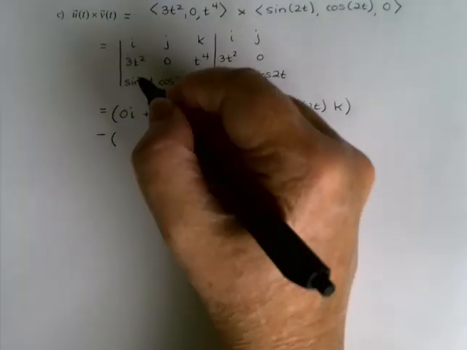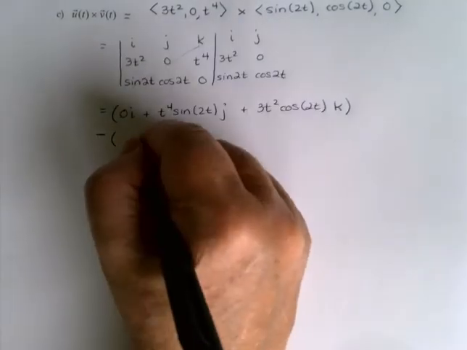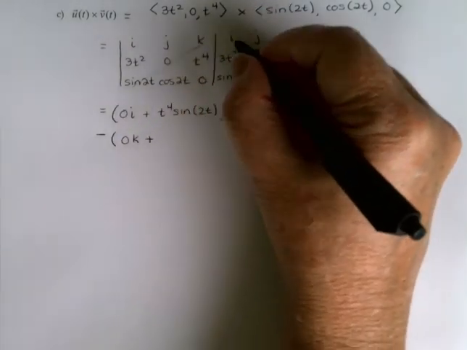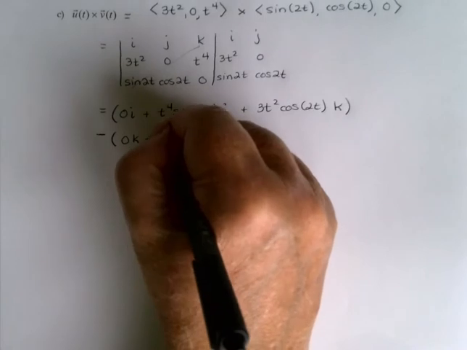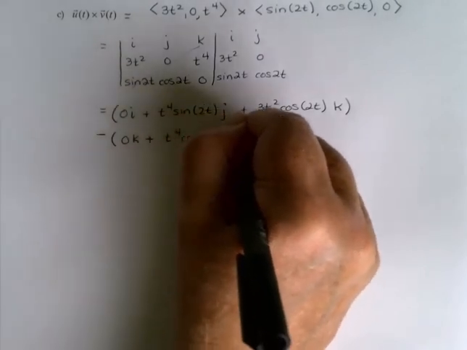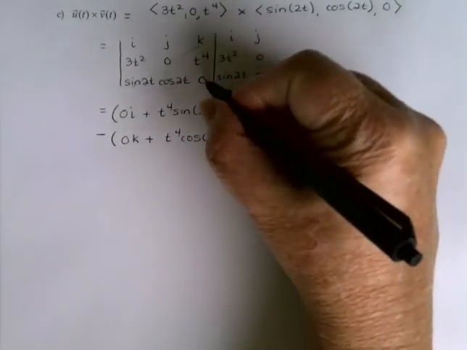Subtract. Looks like a 0k plus a t to the fourth cos 2t i plus a 0j.